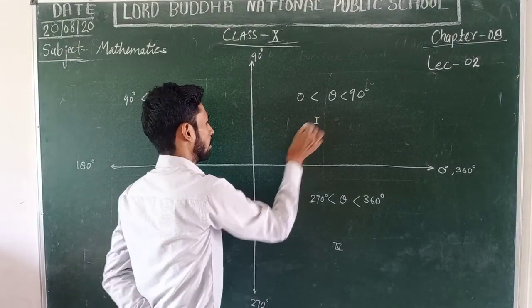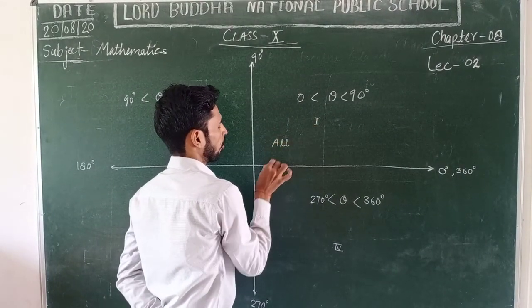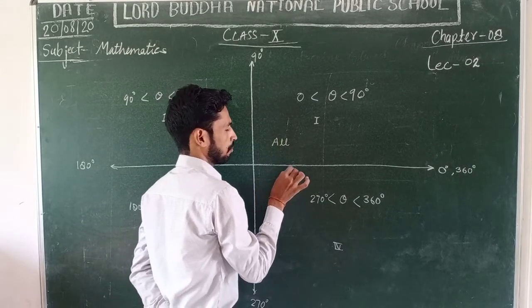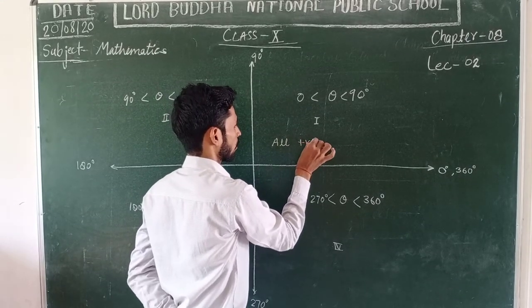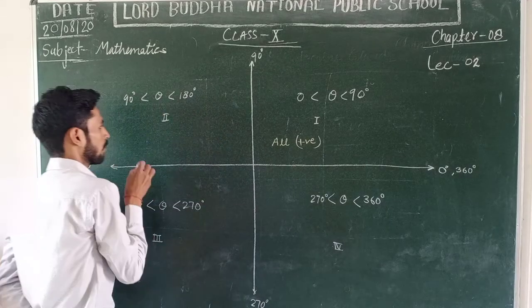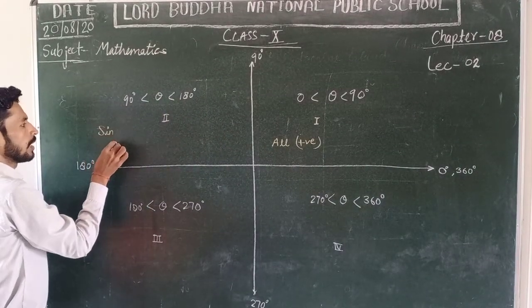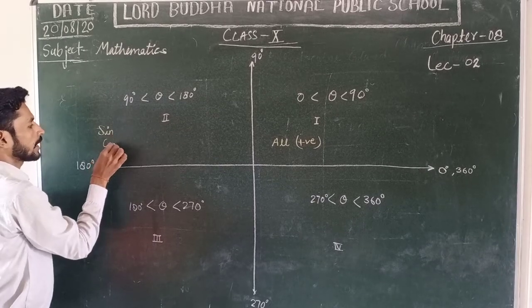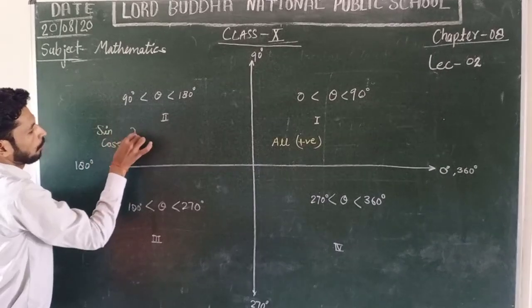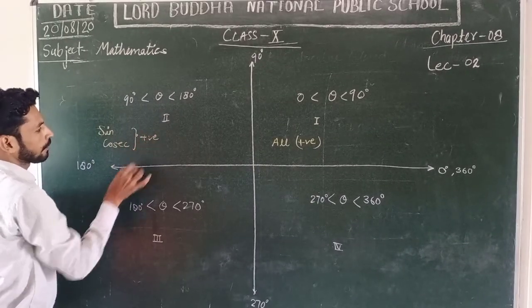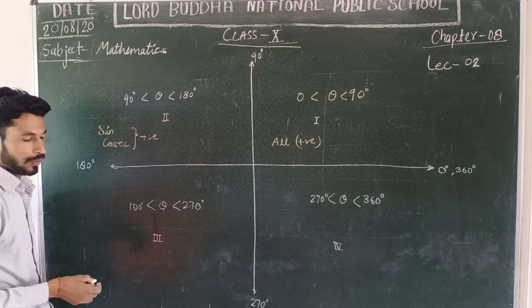And for the sign conventions, in the first quadrant all trigonometric ratios are positive, but in the second quadrant sine and its reciprocal cosec are positive and others negative.